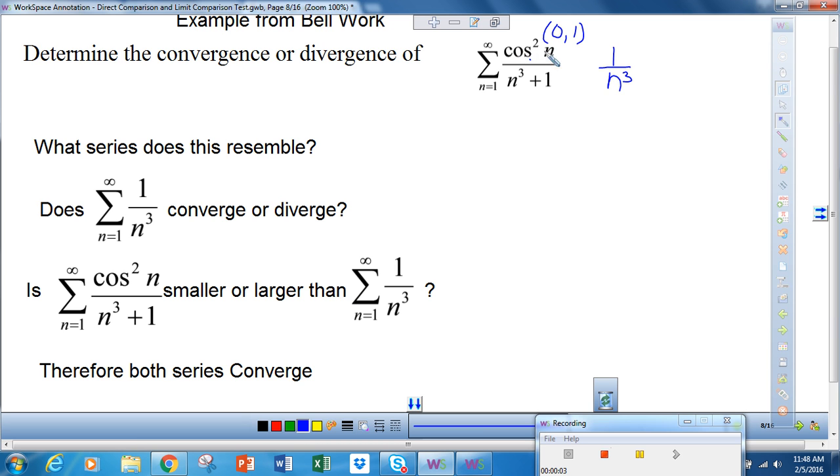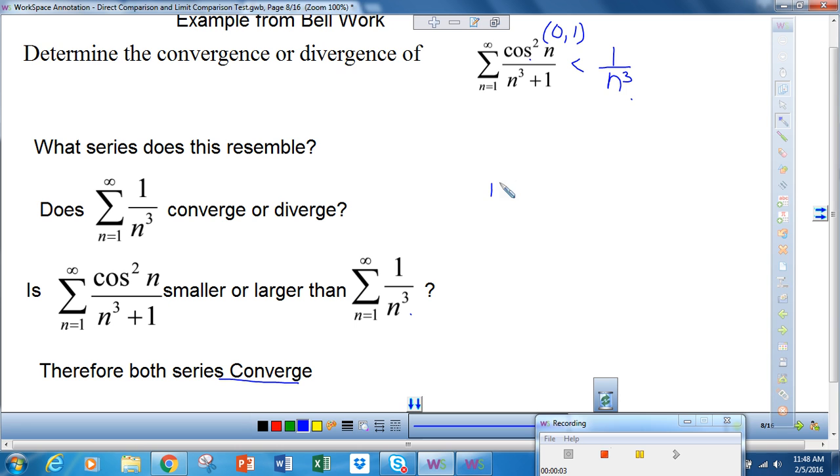Since I'm multiplying by a fraction, I can say that it's going to be less than 1 over n cubed. And since 1 over n cubed converges, and this is smaller than 1 over n cubed, I will also say that this converges.